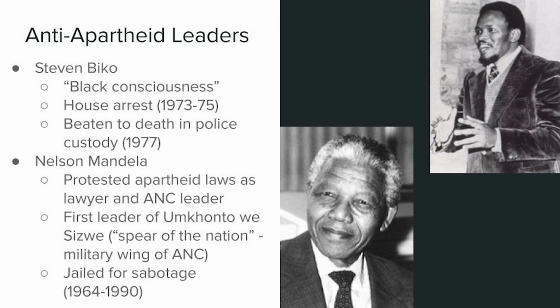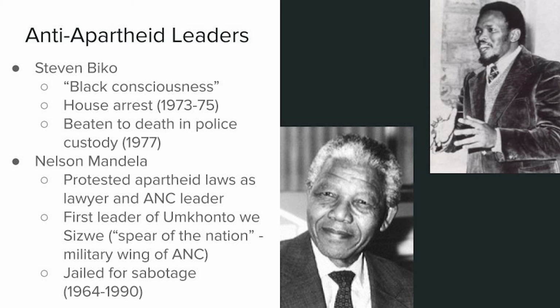Probably more famous to you in your lifetime was Nelson Mandela. He protested apartheid laws as part of the ANC Youth Party, as a lawyer, later as a leader in the ANC party itself. He, though, while in his later life, was known for his nonviolent movements of protest, was also a member of the Spear of the Nation, which was the military wing of the ANC that promoted some of the more aggressive and even violent tactics of protest.